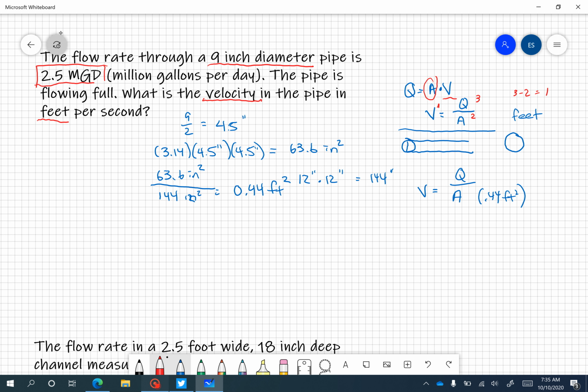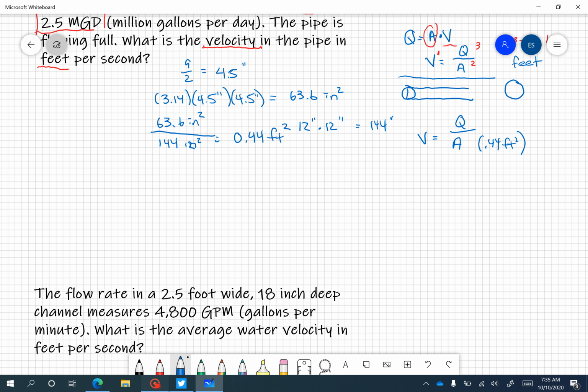Well, first of all, let me write it out. 2.5 mgd can be written as 2,500,000 gallons. Now, I'm ultimately trying to calculate velocity in cubic feet per second. So I'm going to convert gallons into cubic feet, 2,500,000.